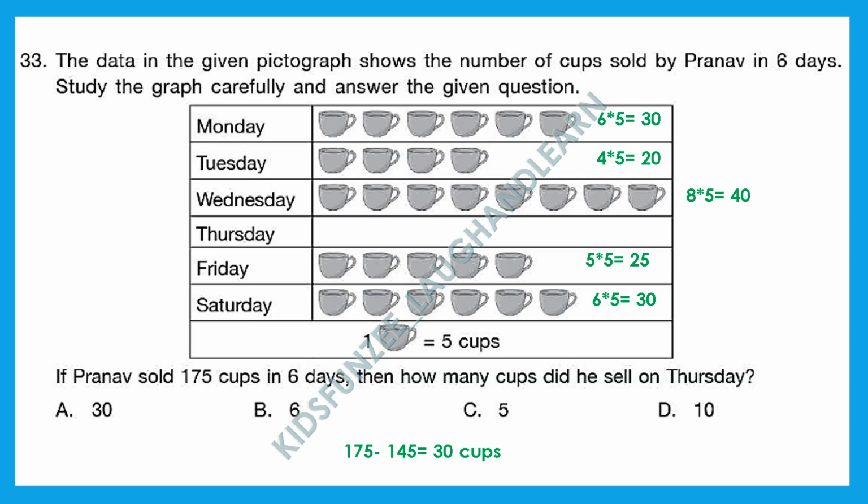So 30 plus 20 plus 40 plus 25 plus 30 is equal to 145. We have added that and we are subtracting that from the total sold cups. That is 175. And we are getting 30 cups. So this remaining 30 cups were sold on Thursday. Right answer here is option A, 30.